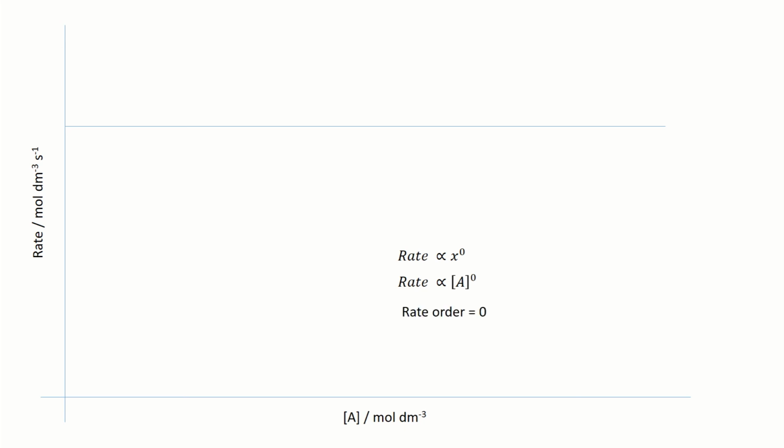Therefore the rate order we say is 0, and we would write that as rate equals K multiplied by A to the power of 0. So in this case, rate is basically equal to the rate constant.